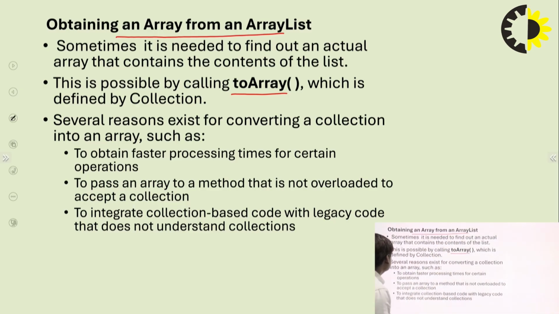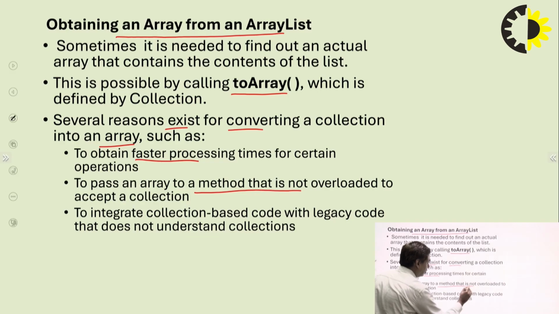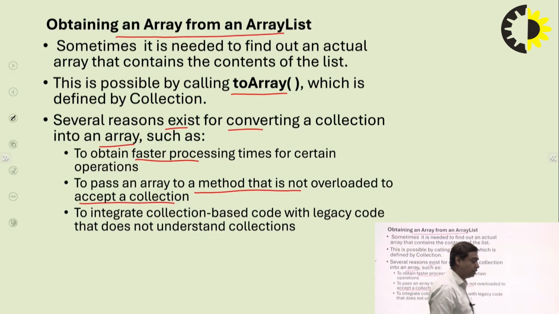There are several reasons for converting a collection into a simple array. To obtain faster processing, because these are basic data types, so the computer can process them in a fast way. To pass an array to a method that is not overloaded to accept a collection. Sometimes some methods do not accept a collection as an argument.